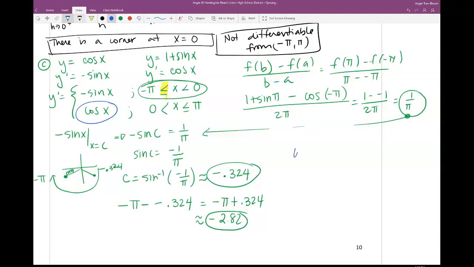I'm going to say cosine of x equals this same thing right here, which is 1 over pi. You can keep x as x, but you can substitute x as c. It's really not important. So here's where I'm at. I'm going to again take the inverse, so c equals cosine inverse of 1 over pi.